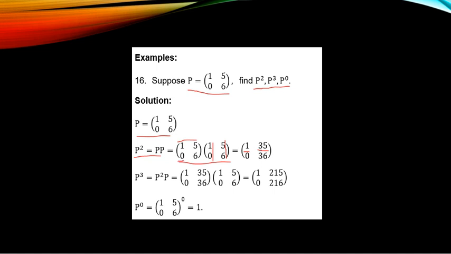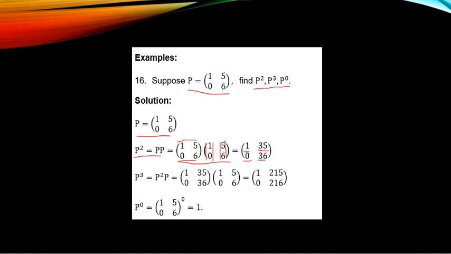Second row times first column, you have 0. The same second row times second column, you have 36. That is 0 times 5, 0, 6 times 6, 36. When you add, you have 36. So you know P square.